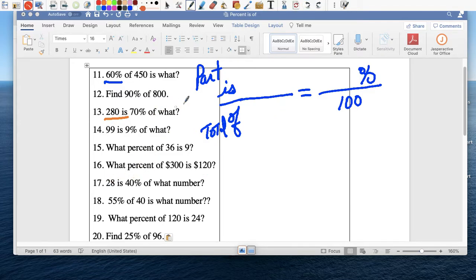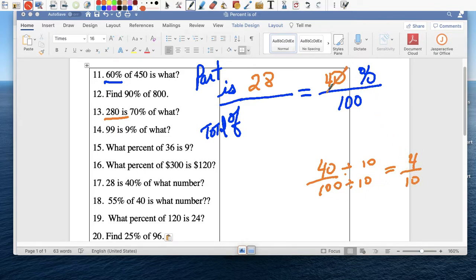17. 28 is, aquí va 28, 40% de cuál número? 28 es 40% de cuál número? So, should we simplify? Yeah, we gotta simplify. So 40 over 100, let's divide by 10. 40 divided by 10 is 4. 100 divided by 10 is 10.